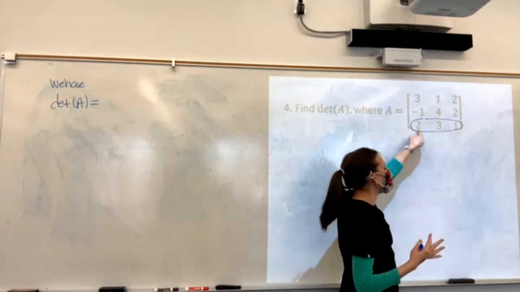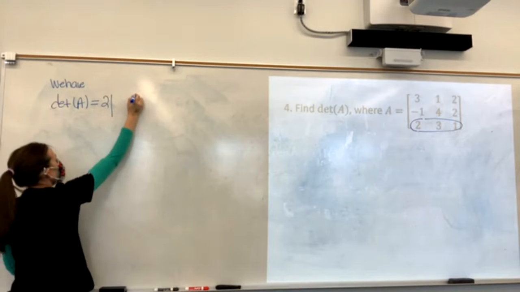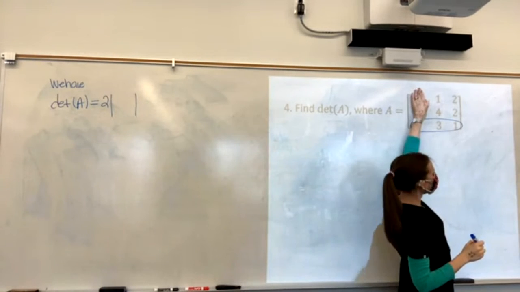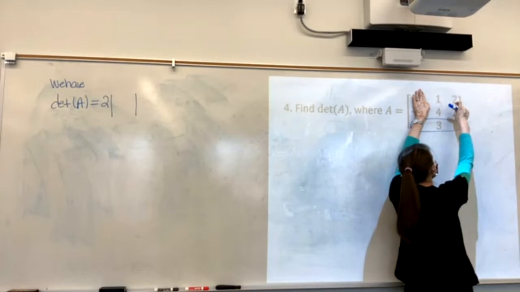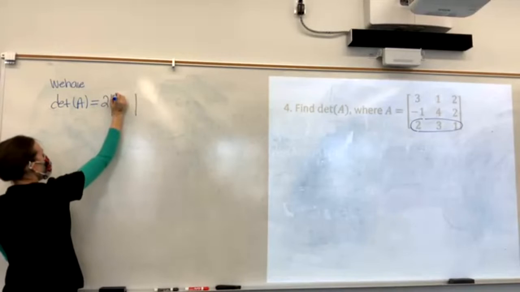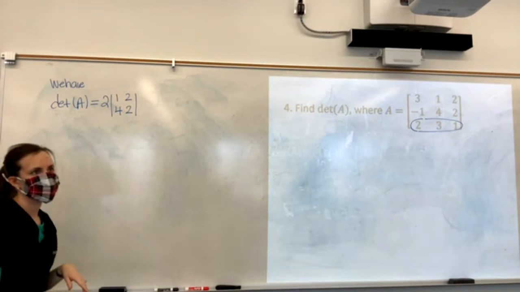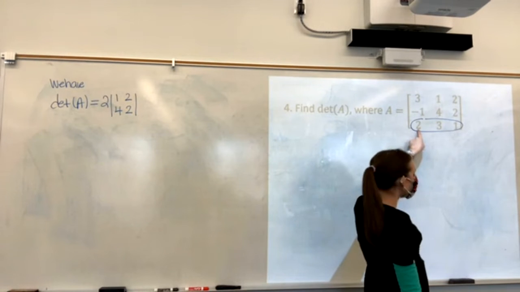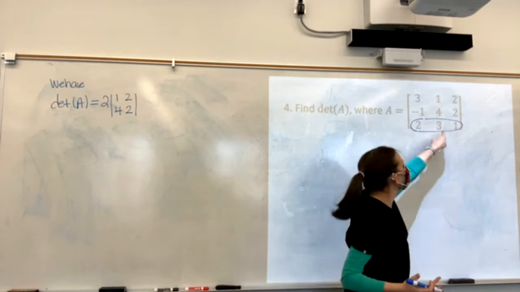So I start with a positive 2 times the determinant of what I get if I delete the row and column containing 2. That will leave me with 1, 2, 4, 2. So the determinant of 1, 2, 4, 2. If this guy was positive, then the next one would be a negative.